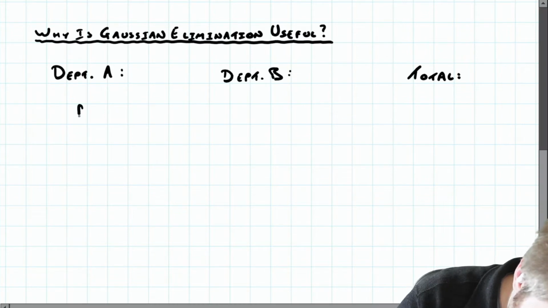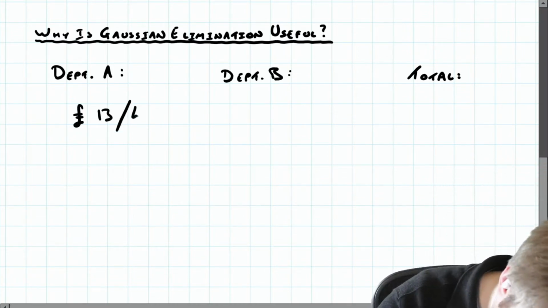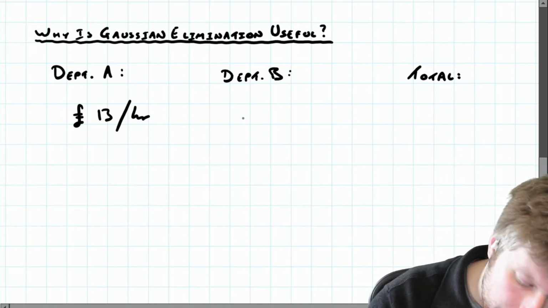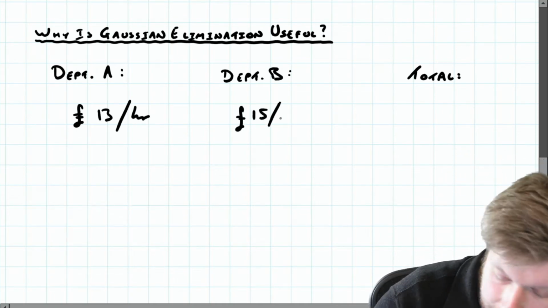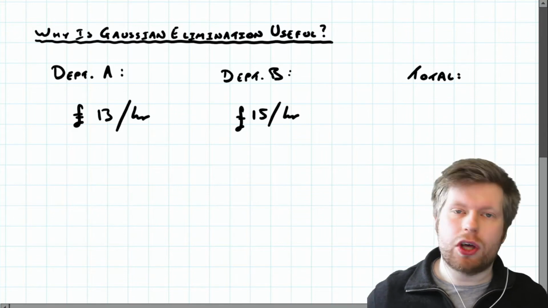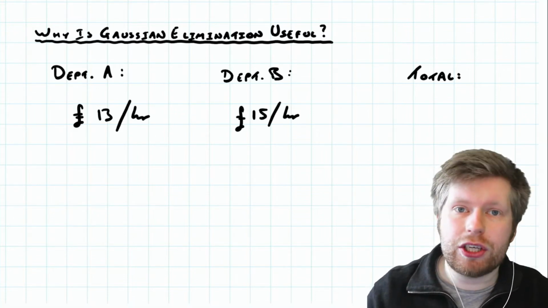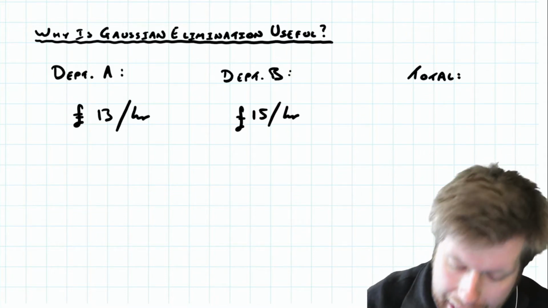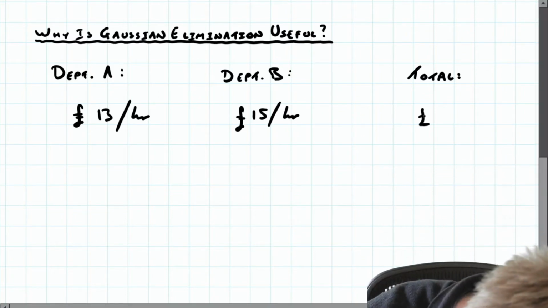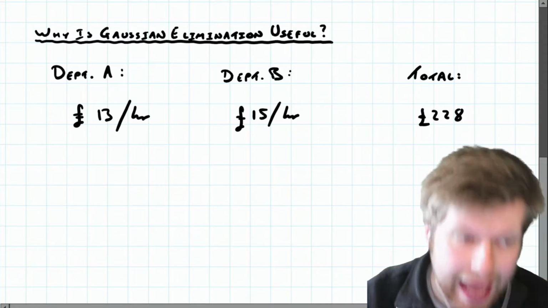So let's suppose, for example, that I know the hourly pay in each department. So let's suppose that the hourly pay in Department A is £13 per hour, and the hourly pay in Department B is £15 per hour. Perhaps they're doing slightly more tricky work, which means they deserve a higher pay rate. And also, I know the total amount of wages that the company pays every single hour. So let's suppose that's £228 every single hour.